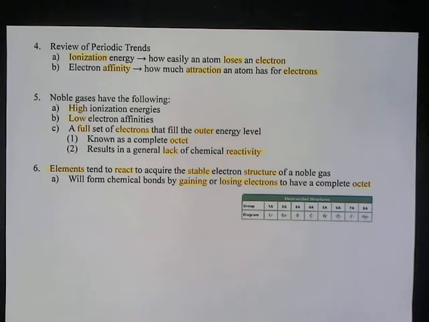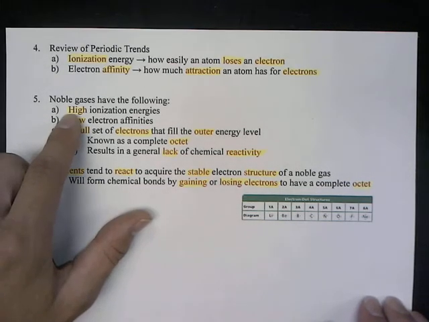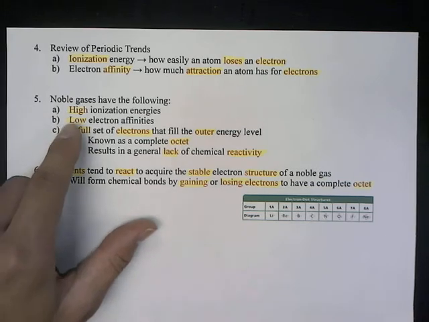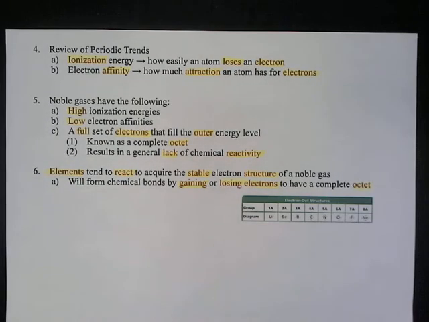What we need to know about noble gases and the role they play in chemical bonding is that they have a high ionization energy and a low electron affinity. That means it costs a lot of energy to take away an electron from a noble gas, and it does not want any more electrons.